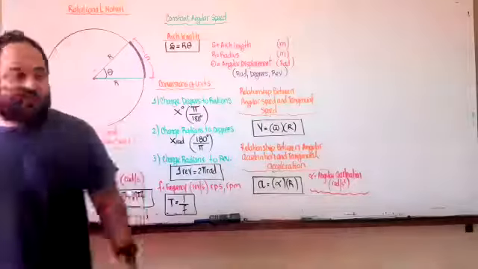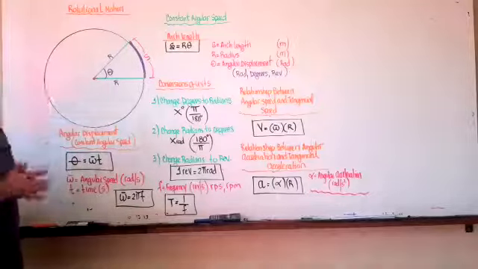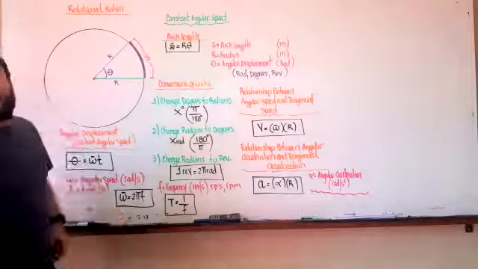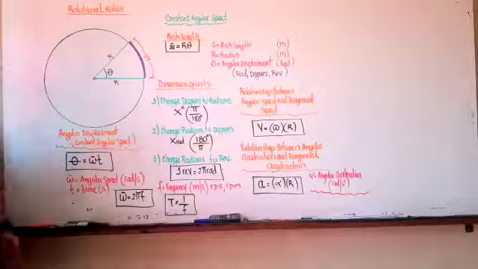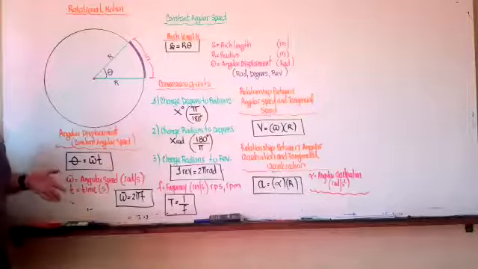But this is going to be the behavior of this circle if and only if the motion has a constant angular speed. But what happens if the angular speed or velocity is changing?